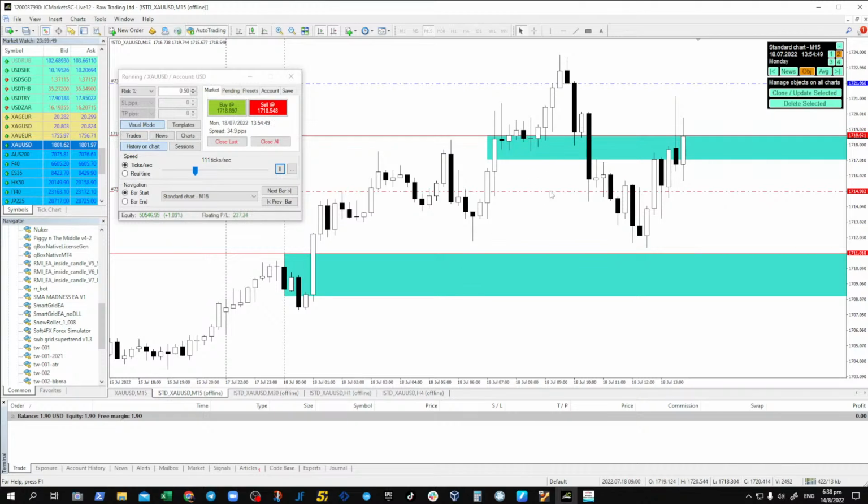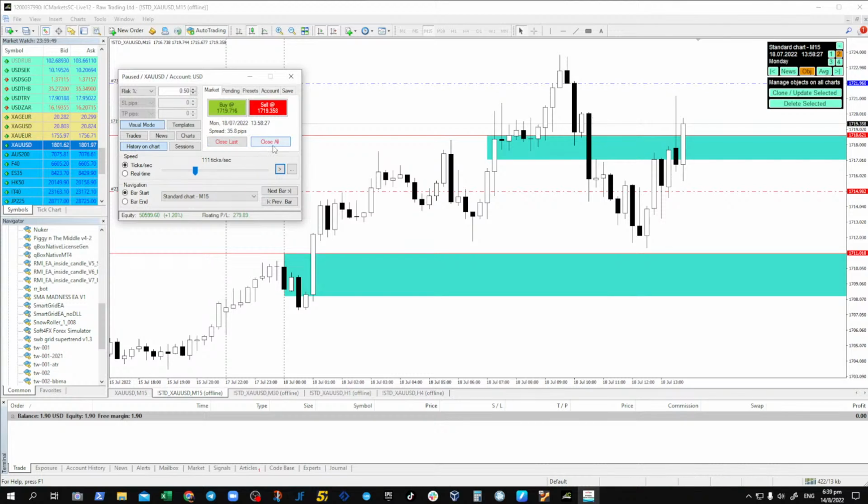So we should have closed the trade over here just now at the M15 level. This is not the ideal position. It should be here because this candle has no top wick. Actually price goes above it, but I'm going to close it here.